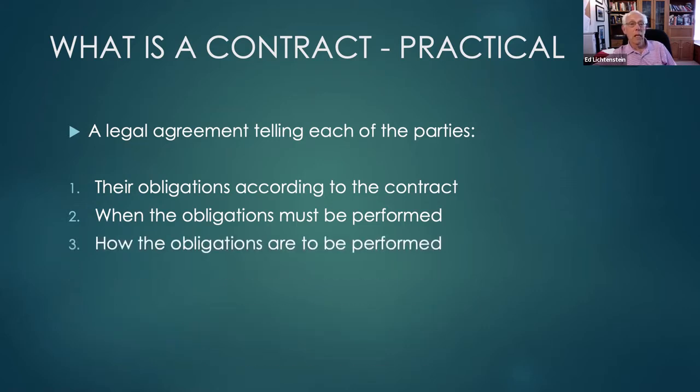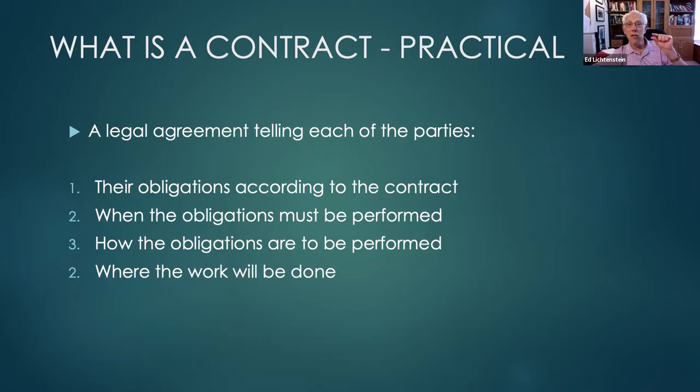All right. A contract will describe how the obligations are to be performed. It may be that you have to meet a certain quality standard. It may be where the contract obligation will be done. It could be what materials you're going to have to use. It could be almost anything.